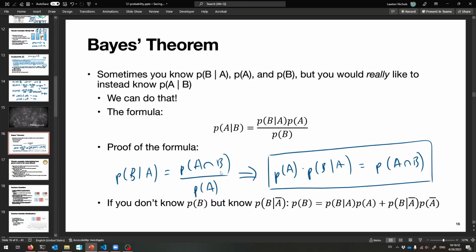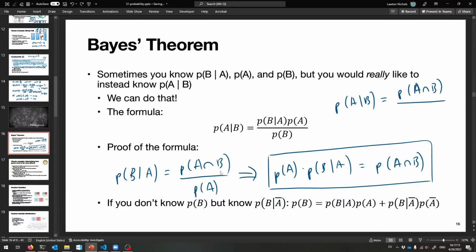We can now plug that in, because what is A given B normally, using this kind of notation? Well, the probability of A given B is the probability of their intersection, and set intersection is commutative, so the probability of B intersect A is the probability of A intersect B. These orders don't matter.